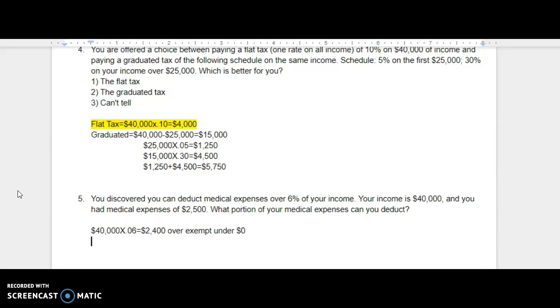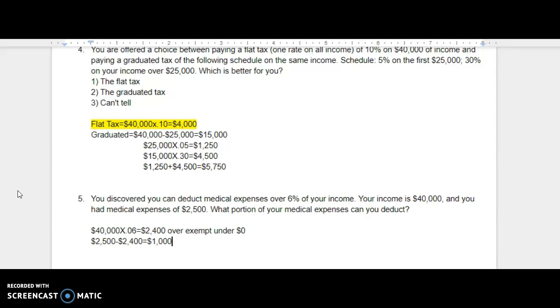So let's see if we reached our mark. We've actually had medical expenses of $2,500, and our exemption threshold was $2,400. So we're going to subtract our 6% threshold, which is $2,400, from our actual expenses.